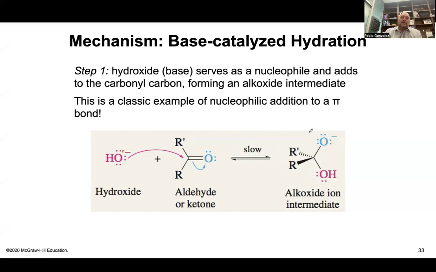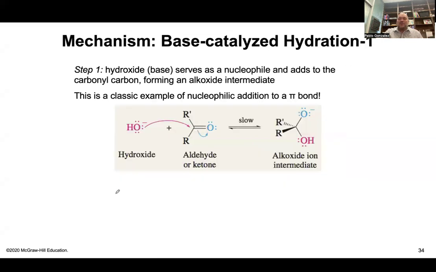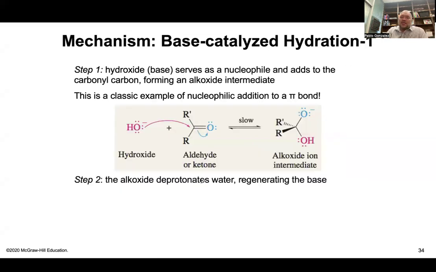And then what can we do next? Very good. We can protonate this with what? We're in basic conditions. We don't have acids, but we have what? Water. And water can act as an acid even in basic conditions. So we can remove a hydrogen from water. And if we remove a hydrogen from water, we're going to produce OH, which is basically the species that we have here as a basic catalyst. So the second step: the alkoxide deprotonates water, regenerating the base. So we have here the alkoxide, and we have a molecule of water going all around. Remember, when we put a reaction there, aldehyde plus water, you don't have one-on-one.